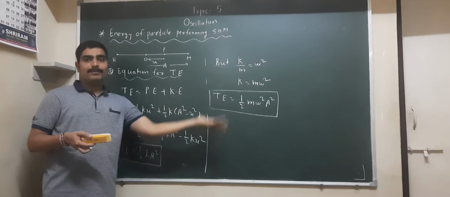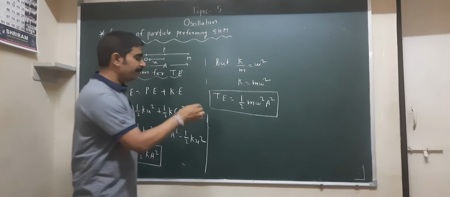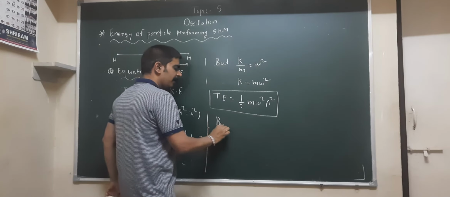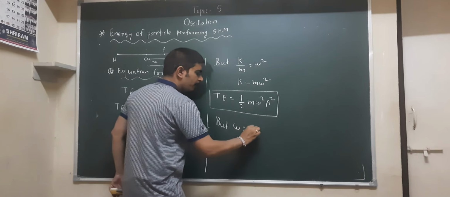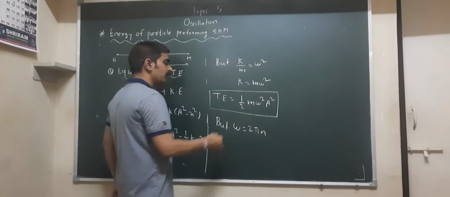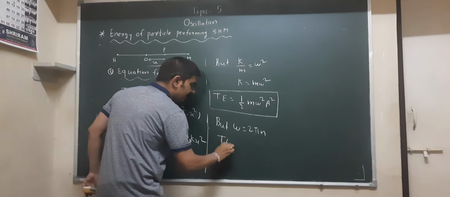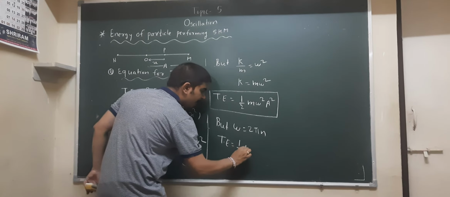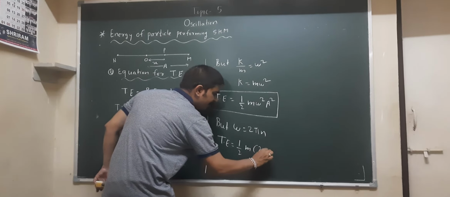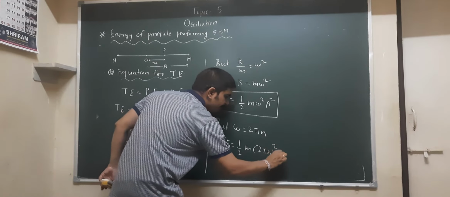Friends, again we can modify this formula. We can put here omega is equal to 2 pi n. So the total energy is equal to half m into 2 pi n bracket square a square.